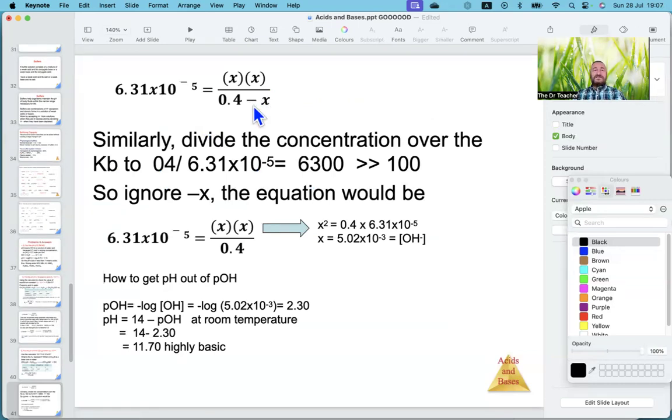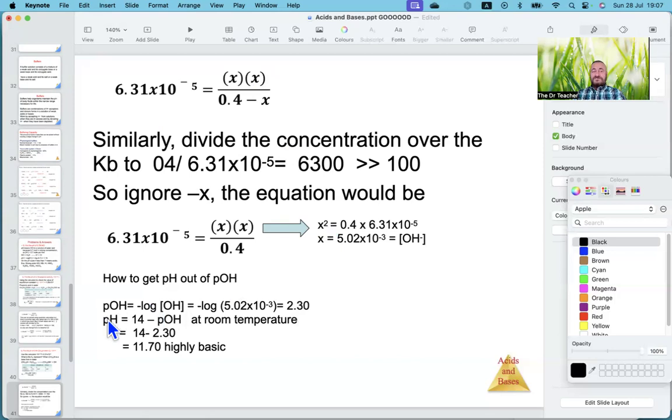Okay, we ignore minus x. So we end up with x squared divided by 0.4 equals this. The x value will be 5. What is x? x here is the OH concentration. So pOH is minus logarithm OH. This is it, 2.3. This is not a pH.